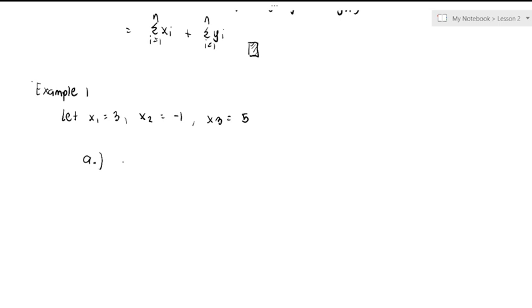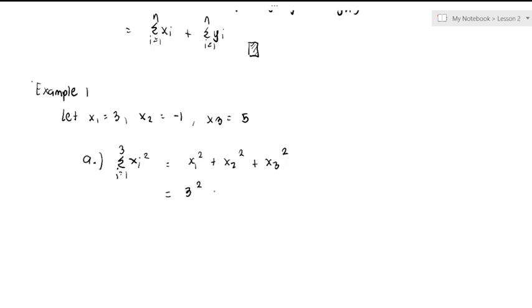So, for summation, let's try to find the value of summation of x sub i squared, i equals 1 to 3. So, this is simply equal to x sub 1 squared plus x sub 2 squared plus x sub 3 squared. And what is x sub 1? Ang x sub 1 natin ay 3.